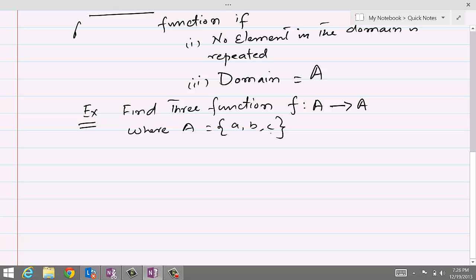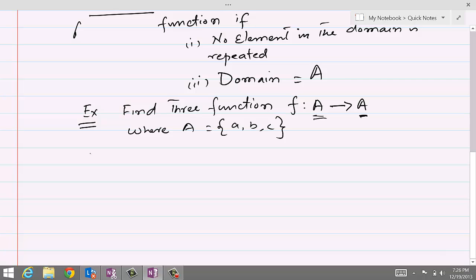Here we are mapping elements of A again with the elements of A itself. So these are called binary relations, and some of those binary relations will be functions and some will not be. The job is to find three such relations which qualify these two conditions and hence will be called functions.